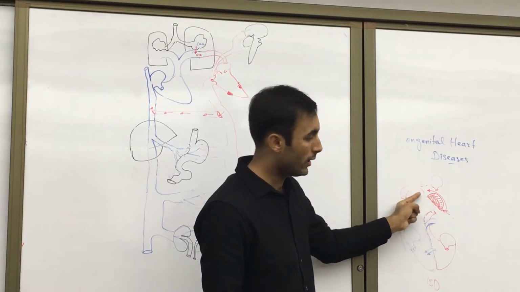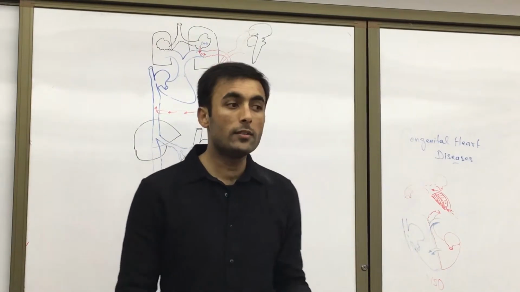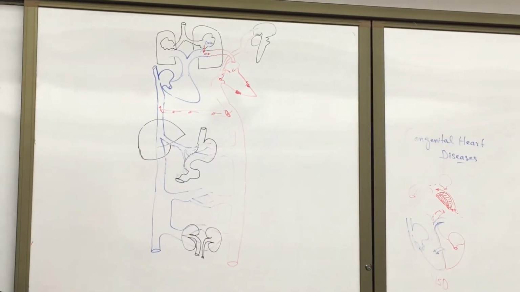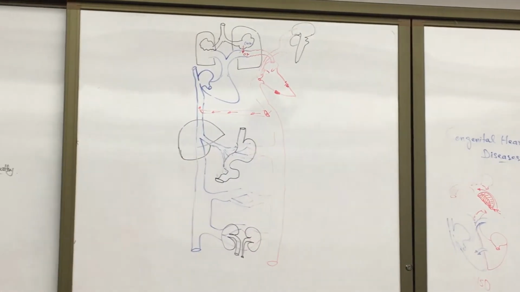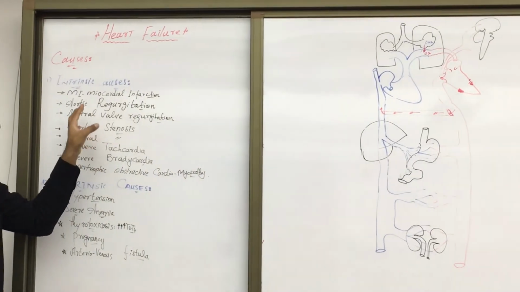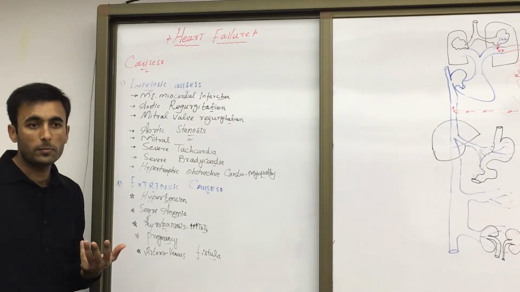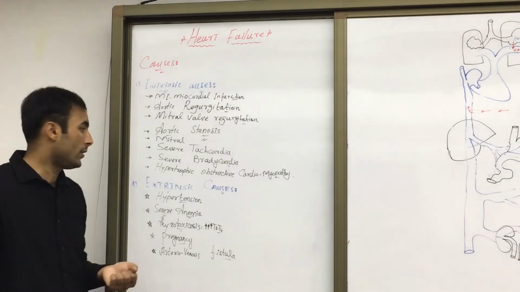And when the blood cannot go fully into the aorta, it can lead to heart failure. This condition is called hypertrophic obstructive cardiomyopathy. So these were a few of the causes where the problem is inside the heart.